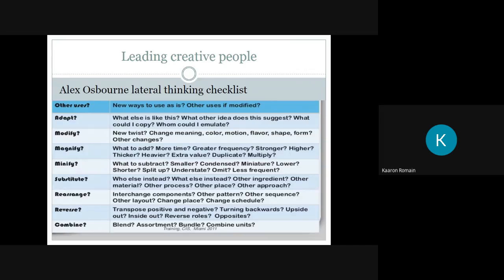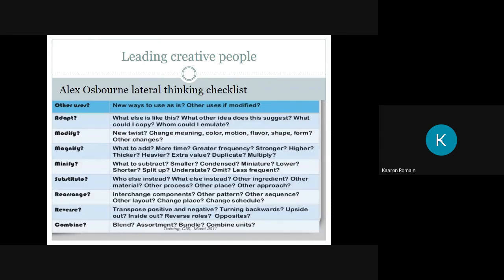Modify: new twist, change meaning, color, motion, flavor, shape, or form. Magnify: what to add? More time, greater frequency, stronger, higher, thicker, heavier, extra value, or to multiply.